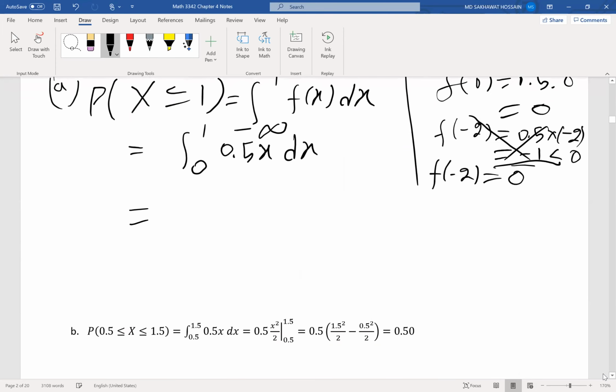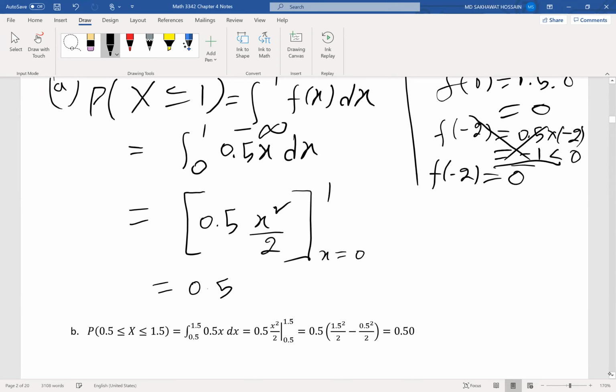This 0.5 is just a number, and if you integrate x, it will be x squared over 2, with x from 0 to 1. First you need to plug in the upper limit, which is 1.